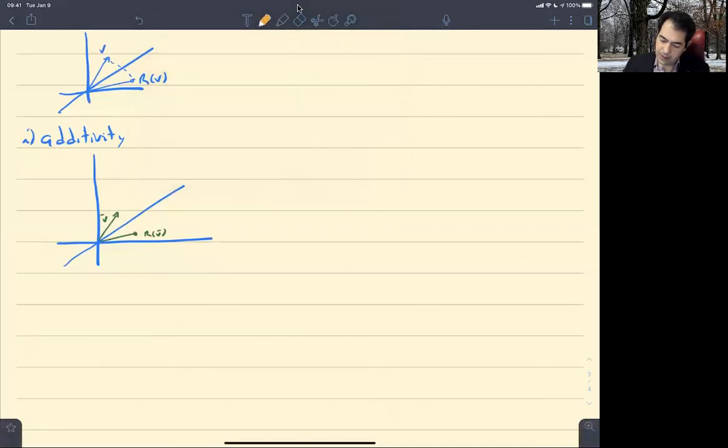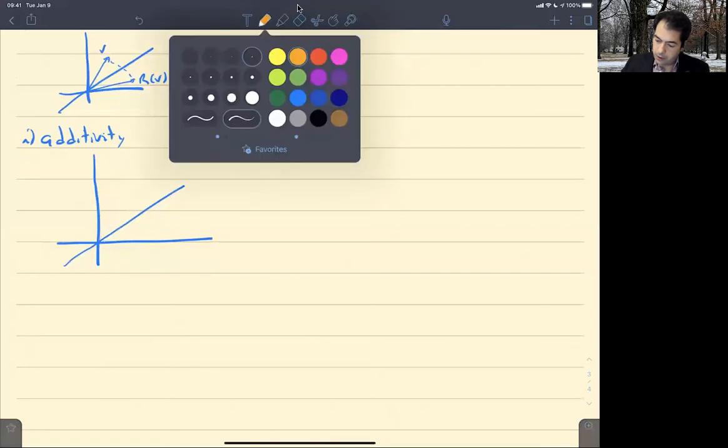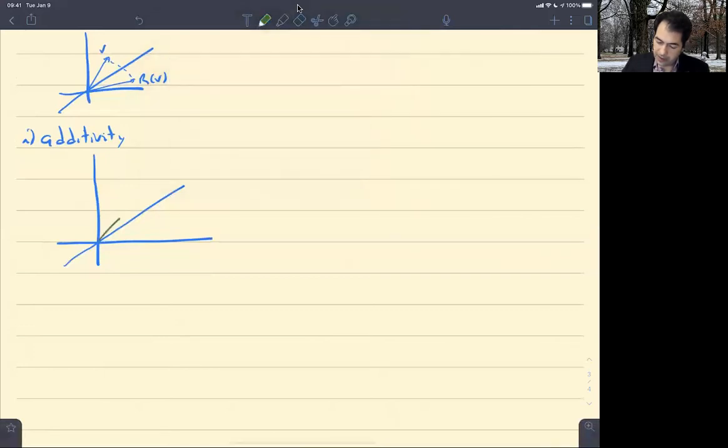Sorry, let me start over so I can draw something closer to be intelligible. So let's say that that's the vector v. So that's Rv. Let's say that that is the vector w. So there is R of w, roughly speaking.